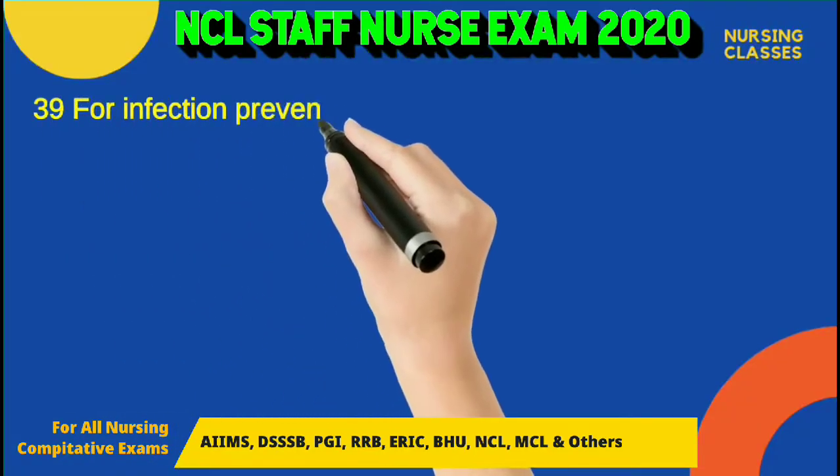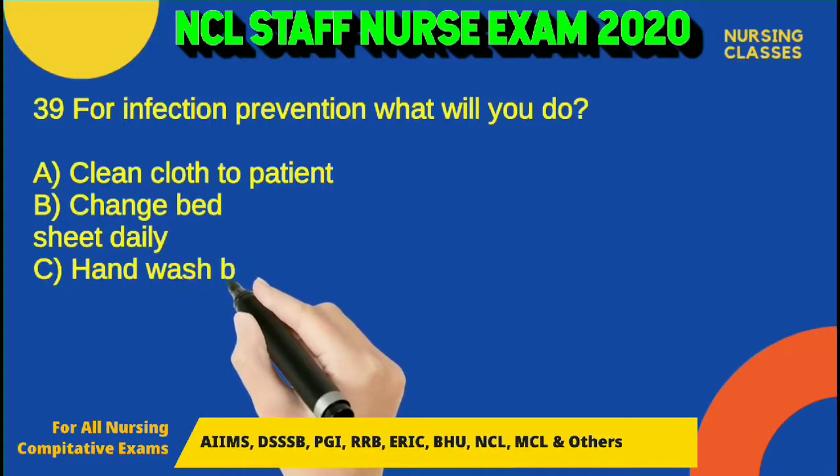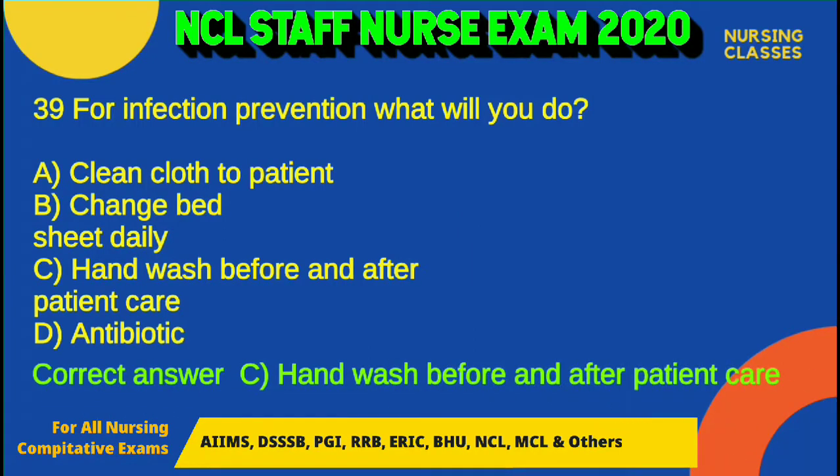39. For infection prevention, what will you do? A. Clean cloth to patient. B. Change bed sheet daily. C. Hand wash before and after patient care. D. Antibiotic. Correct answer C. Hand wash before and after patient care. 40.